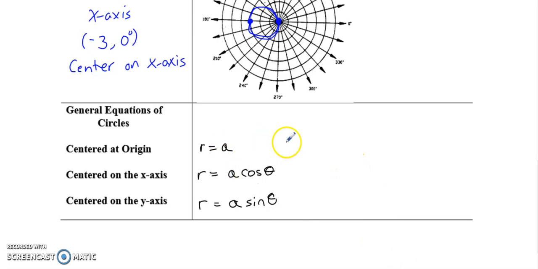Just so we tie the two together: when it's centered at the origin, the actual radius of the circle is a. When it's centered on the x-axis or the y-axis, the radius of the actual circle you draw is a over 2.